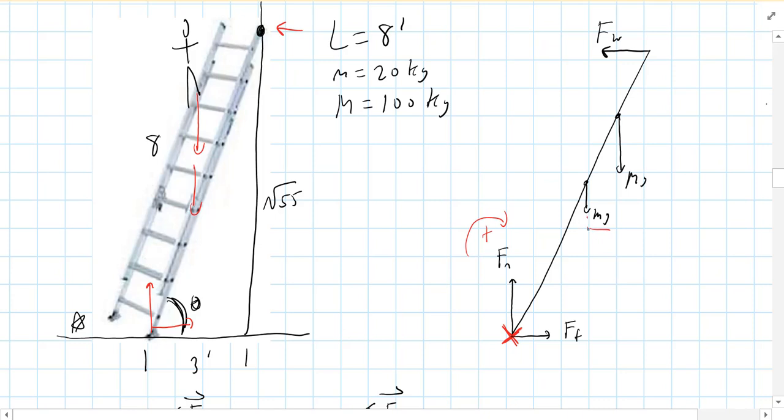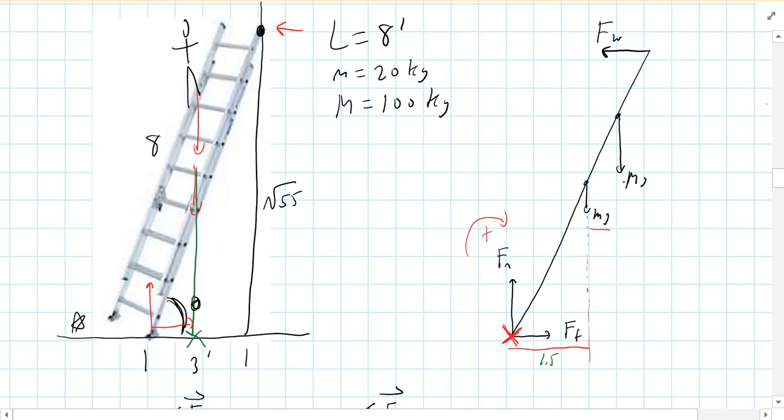If I draw a line straight down, that line of force, what's the smallest distance, the perpendicular lever arm from our axis to that line of force? Well, you don't need to do a bunch of trig for this. The center of the ladder will hit the center of this 3 feet, which is 1.5 feet away. So this is 1.5 feet.